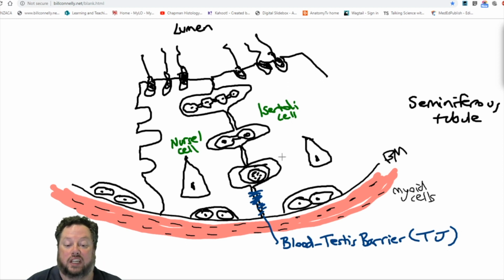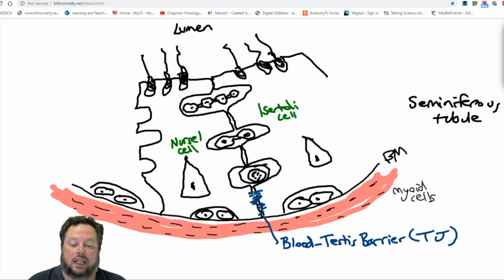That means they're genetically foreign, so they could potentially be identified as foreign by the person's immune system. To protect these cells, particularly the secondary spermatocytes onwards, we have this blood-testis barrier, which prevents the immune system from being able to identify and reach these new genetically different cells.